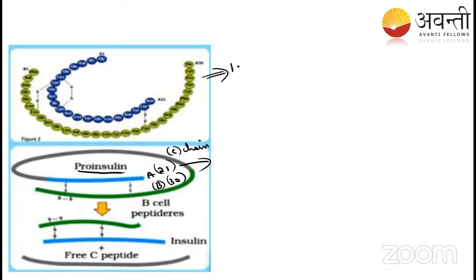Here you can see the mature insulin. Mature insulin has only the A chain and B chain. There is no C chain.